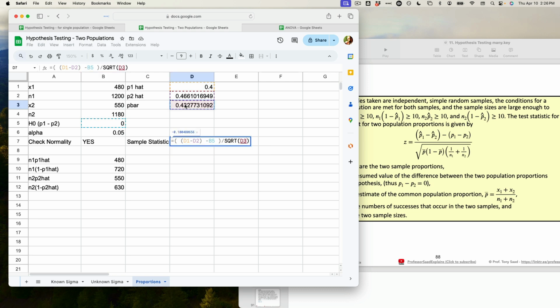So p bar times 1 minus p bar, times 1 over n1 plus 1 over n2, and then close parentheses, close parentheses. Okay, so it gave me this sample statistic of minus 3.25.